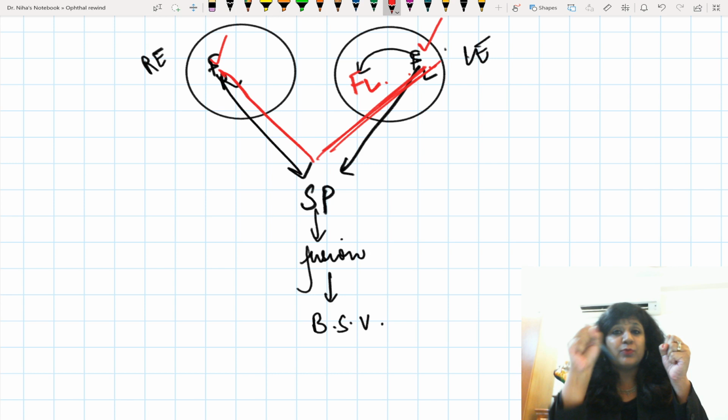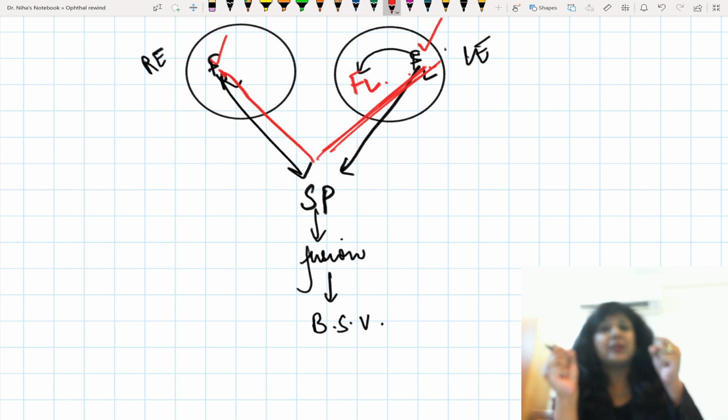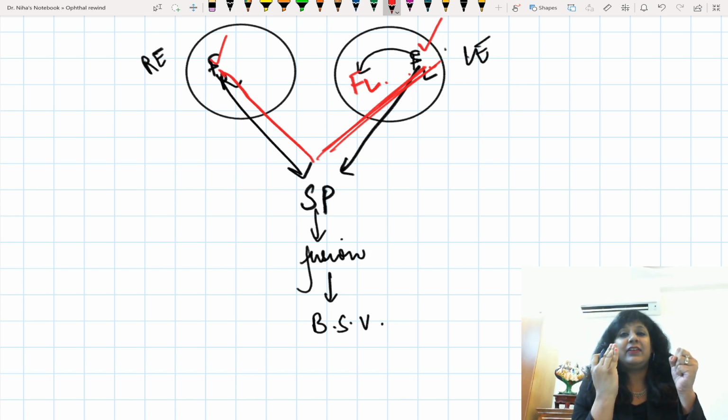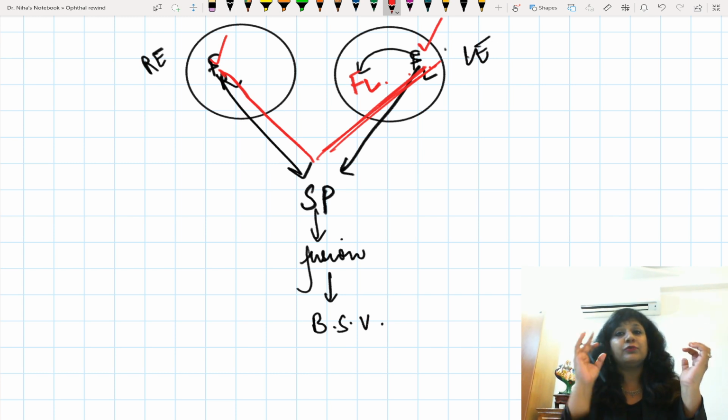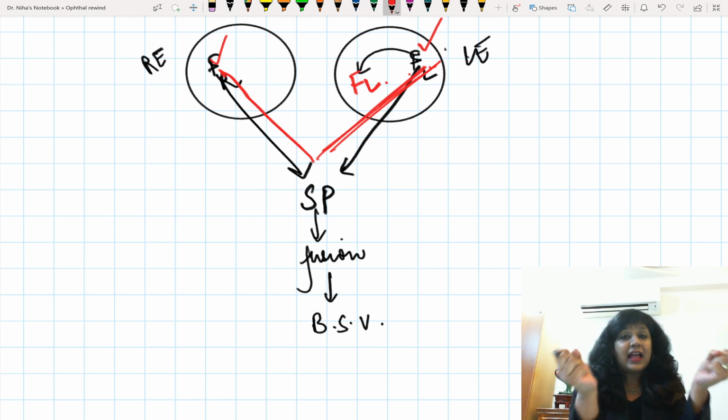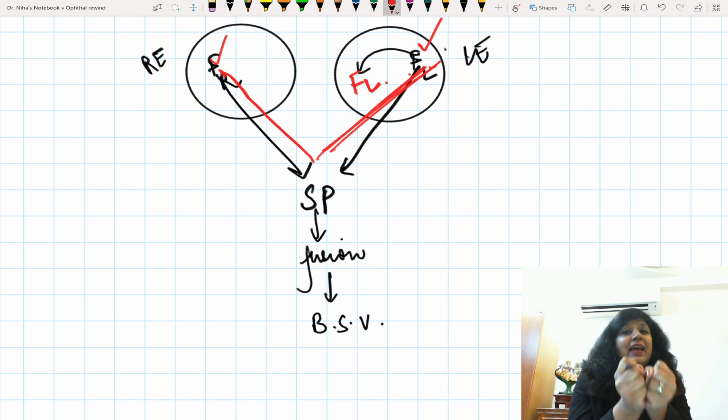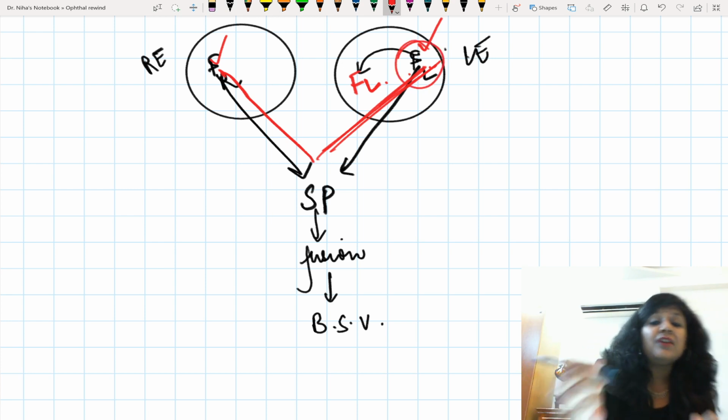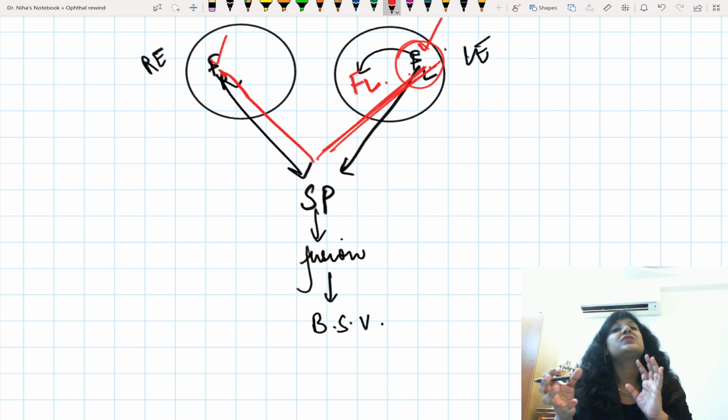The other one has moved, one has gone. Some other person has started living there. So this person thought, why not introduce myself to this new person, so that we can again see together and have binocular single vision, because now this is an extrafoveal point with which it is corresponding.